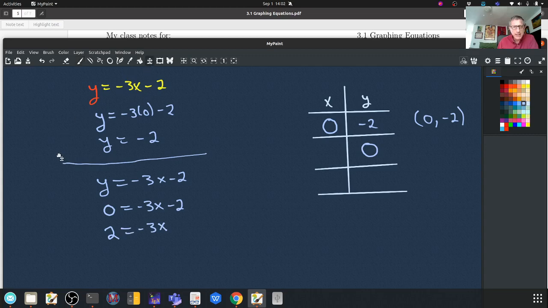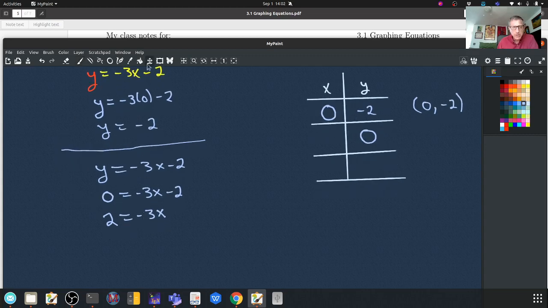Finally, the end answer is obtained by dividing both sides by minus 3. So minus 2/3 is equal to x.